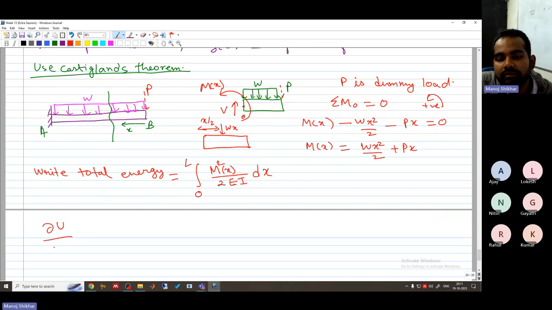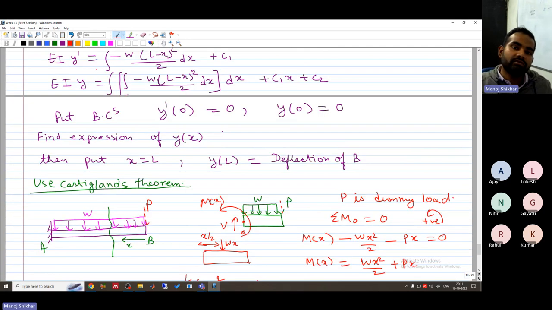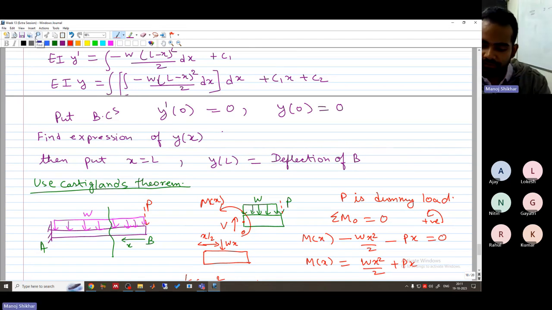Then do del U by del P equal to 0 at P equal to 0. This will give you delta B. Okay, so this is how you solve this problem.